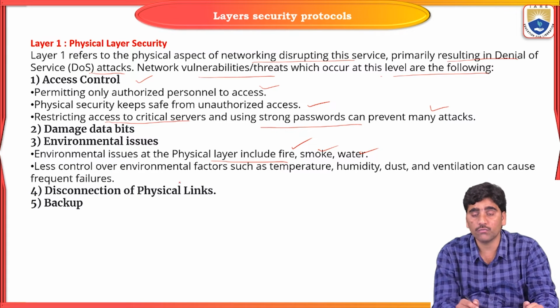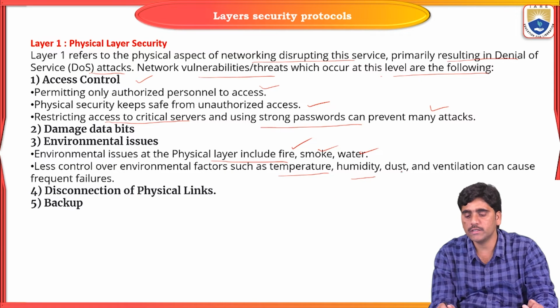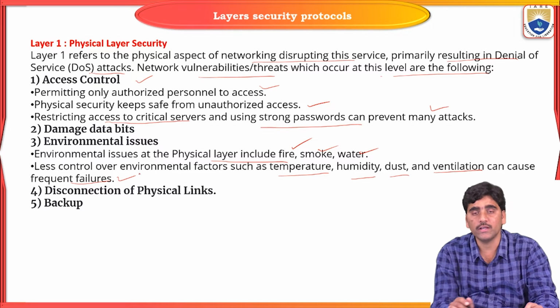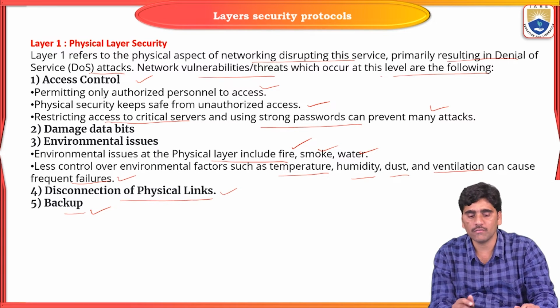Less control over environmental factors such as temperature, humidity, dust, and ventilation can cause frequent failures, as can disconnection of physical links and lack of backup. These are the ways we can restrict attacks in this layer.